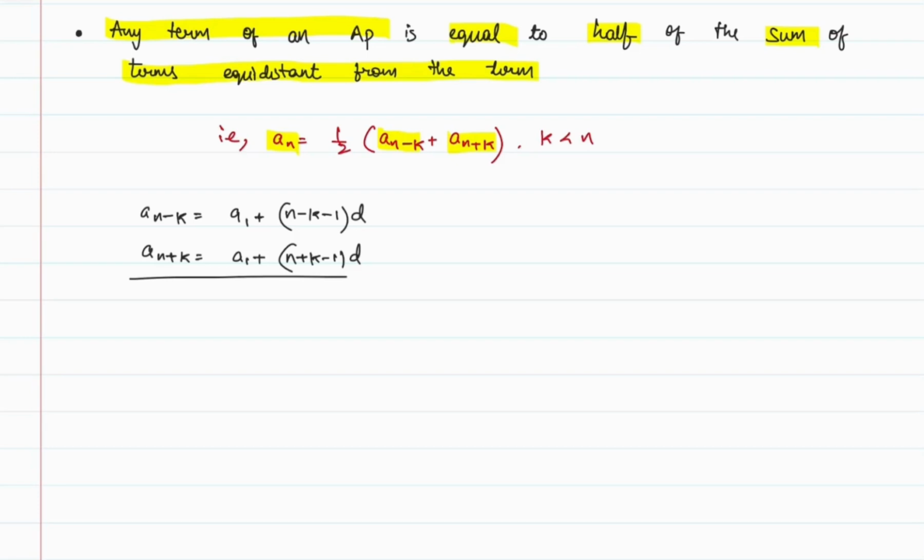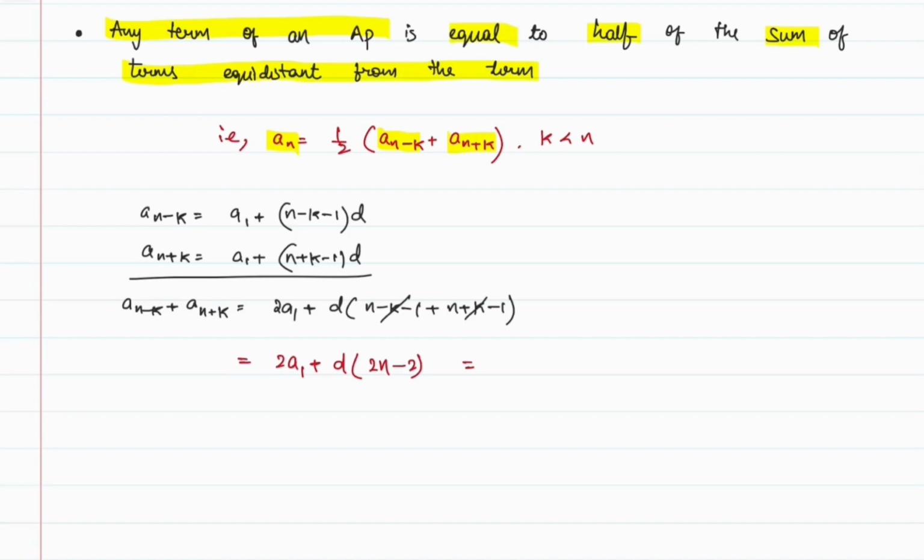Now when you add them, a(n minus k) plus a(n plus k) will become a1 plus a1, which is 2a1, plus d times n minus k minus 1 plus n plus k minus 1. Here minus k and plus k get cancelled. Then this will become 2a1 plus d times 2n minus 2.